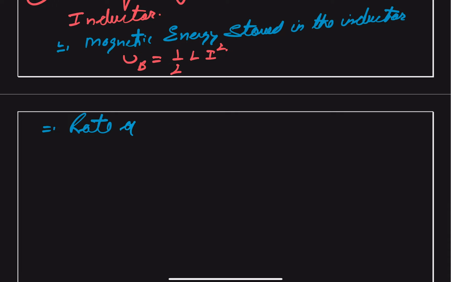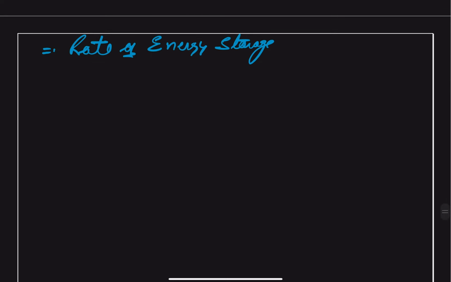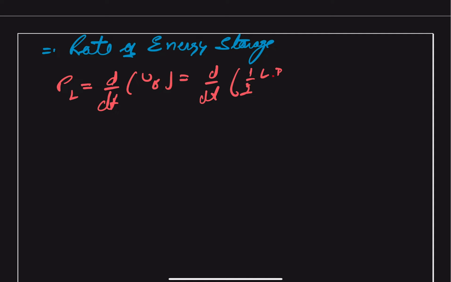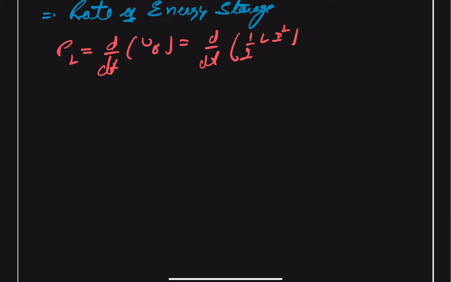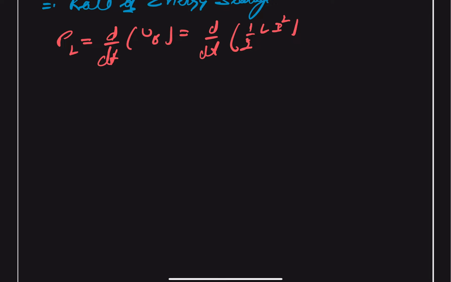Rate of energy storage, let us call that P_L in the case of inductor, which will be equal to d/dt of U_B, and we substitute the value of U_B, we get d/dt of half L i square.